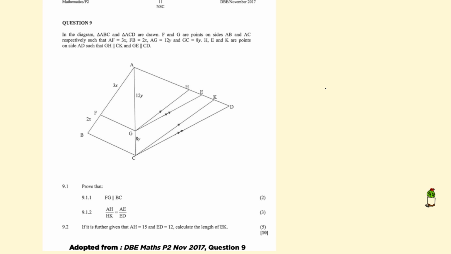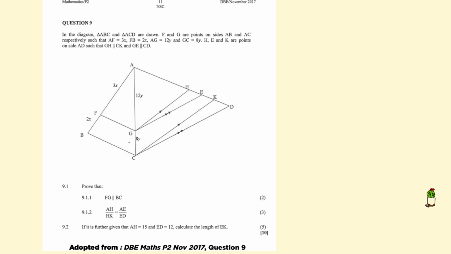You can see all that information on the side of the triangle over here. H, E, and K are points on the side AD, and that information is stated over here as well, such that GH is parallel to CK and GE is parallel to CD.